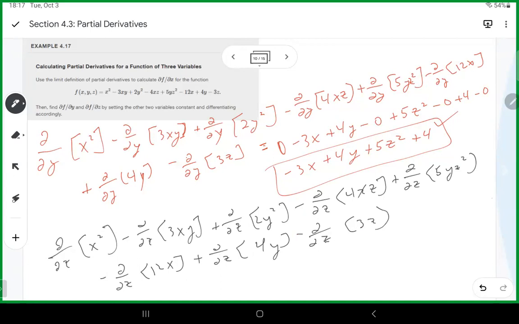Okay. So that should leave you with a 0, minus 0, plus 0, minus 4z. Nope, 4x. 4x plus 10yz minus 0 plus 0 minus 3. Getting rid of your zeros, you have minus 4x plus 10yz minus 3.